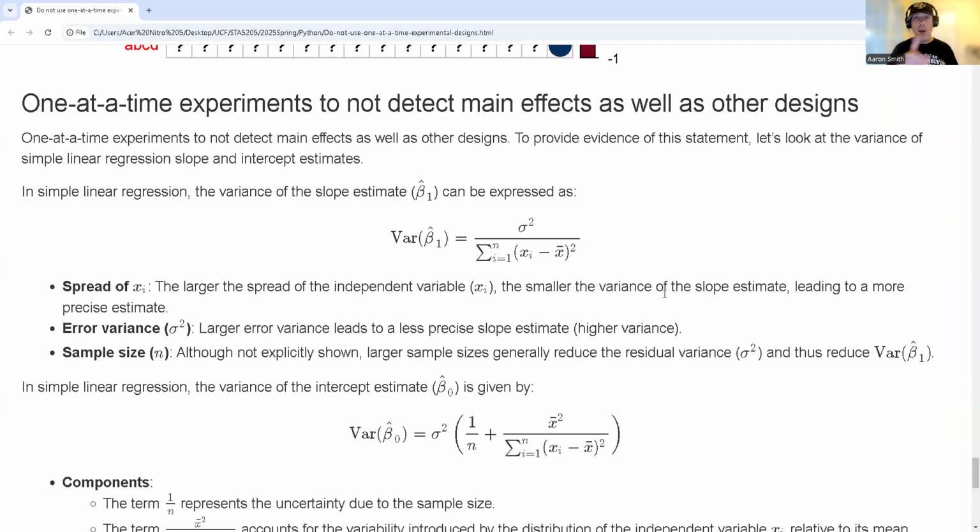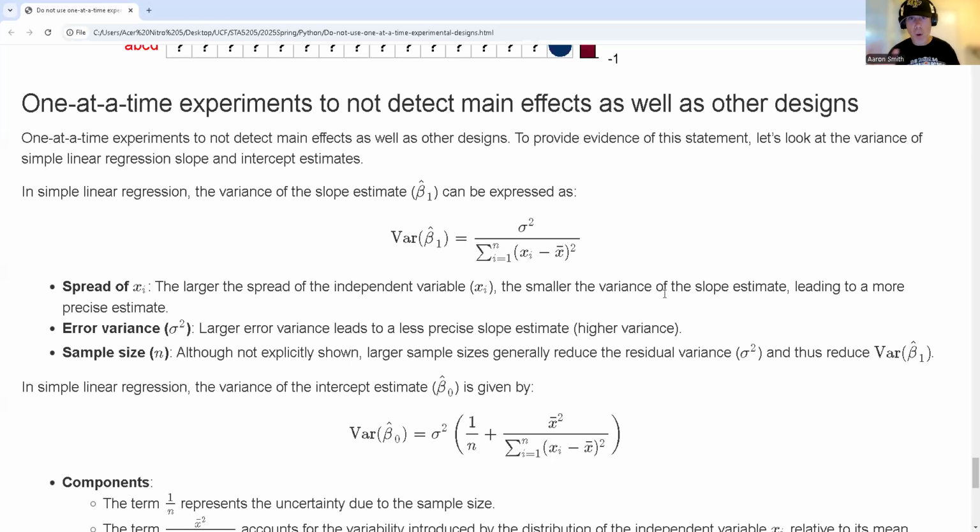Okay, so now I want to convince you that one-at-a-time experiments do not detect main effects as well as other designs. I actually encountered this claim from a professor who was supposed to be very strong in statistics, not an actual statistician, with a computer science background, who made exactly this claim.